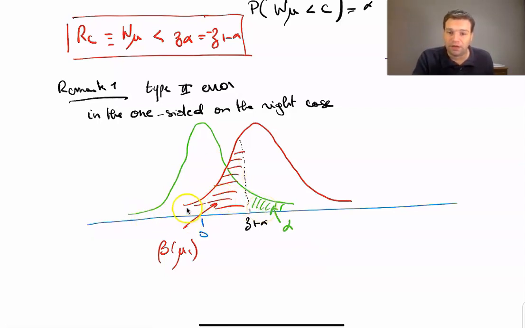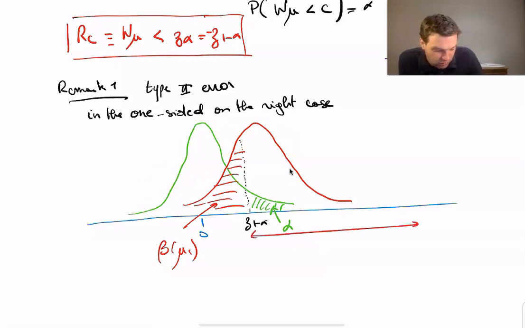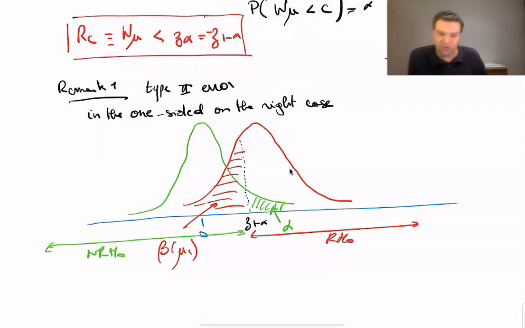Therefore, the type 2 error is the probability of non-rejection of the null hypothesis when the alternative hypothesis is true. Here we have a rejection region or critical region, where we reject the null hypothesis. And where we do not reject the null hypothesis, in the acceptance region, we can say this is this region.